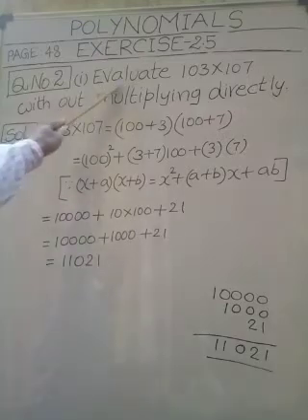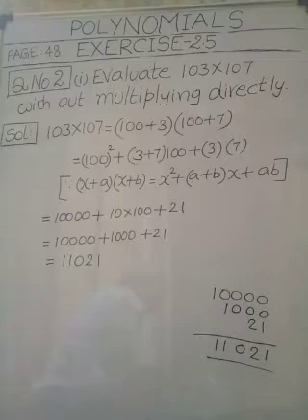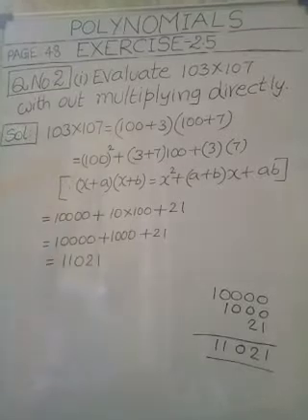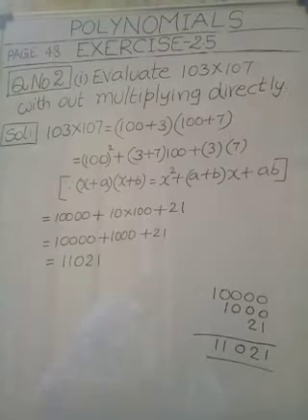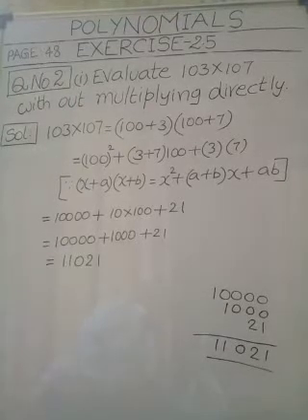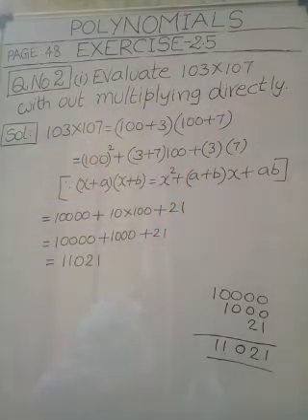See here, evaluate 103 into 107 without multiplying directly. Here we should not multiply these two numbers directly. It is easy to find the product by multiplying directly.